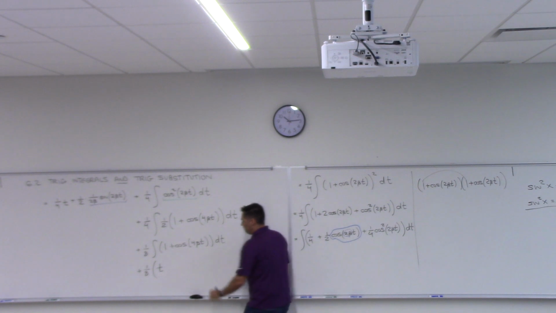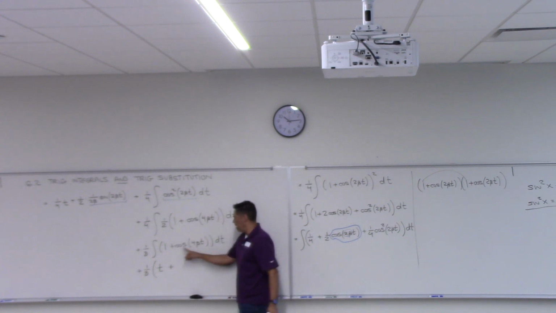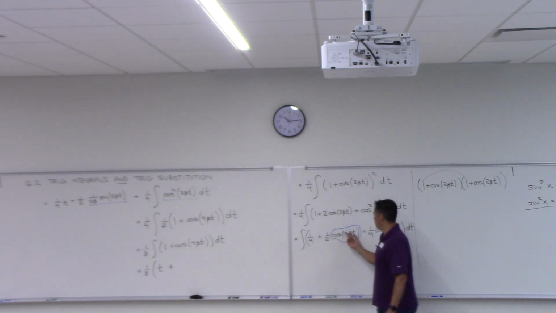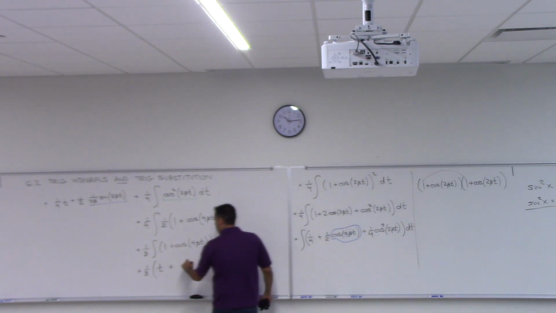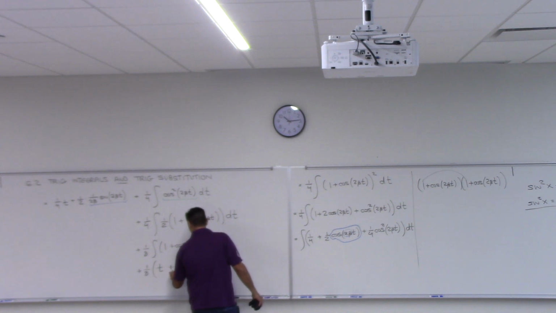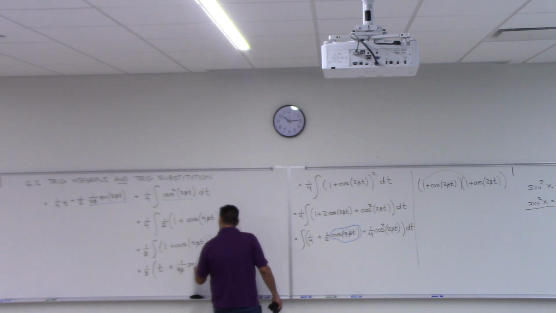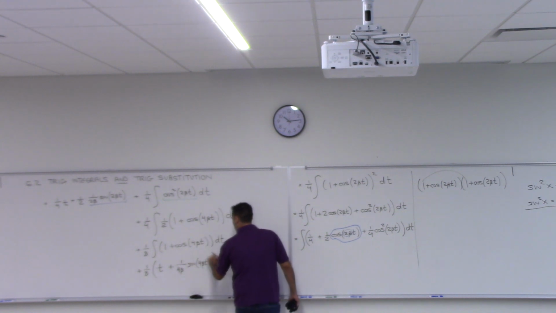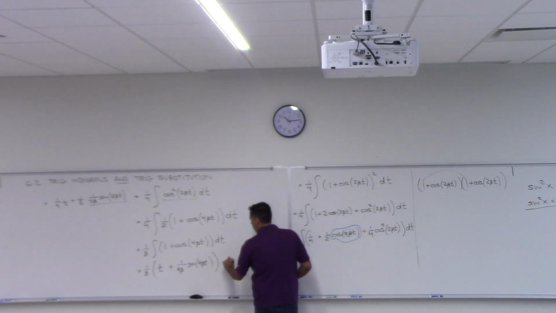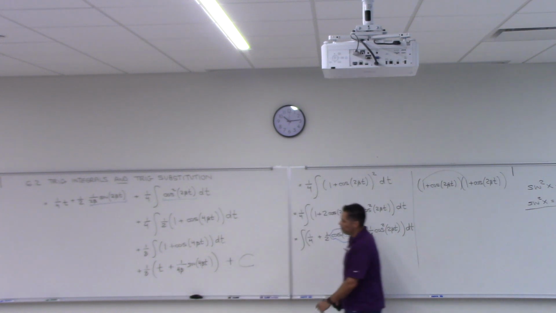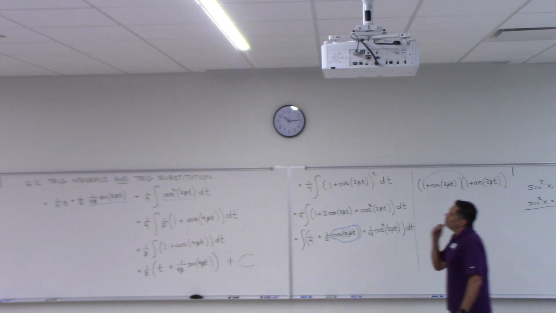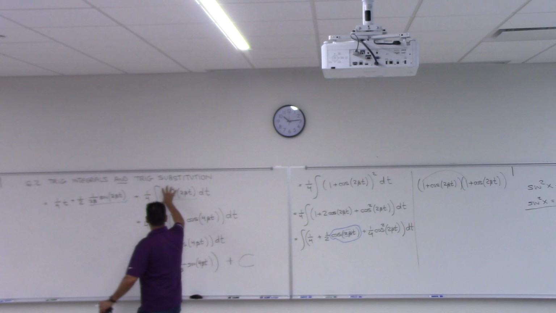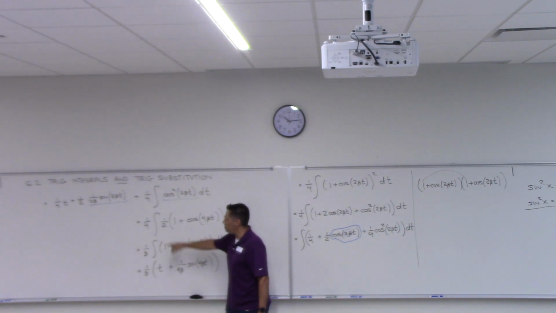And now plus, okay, cosine 4 beta t, we've done this, right? Cosine 2 beta t, we've done something like this. I will have to scale it by 1 over 4 beta, sine of 4 beta t. That'll be my antiderivative. And I just need to remember now I can finally throw in my plus c because I have no more integrals left. So all of this, I was just working this down. Boom, boom, boom, boom. I still have all that out front, don't I?